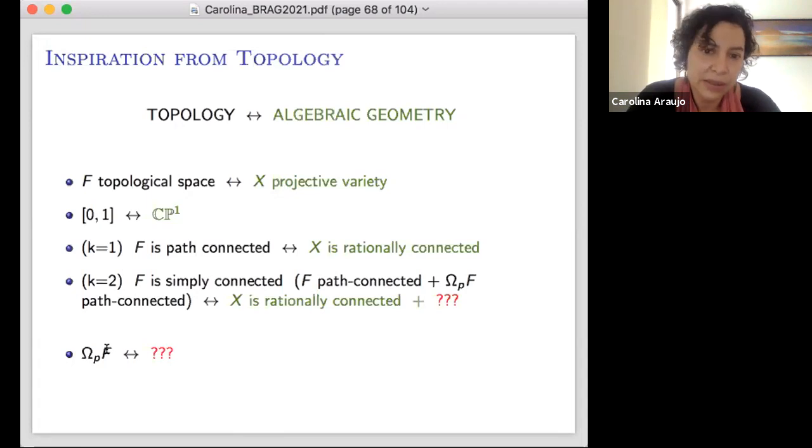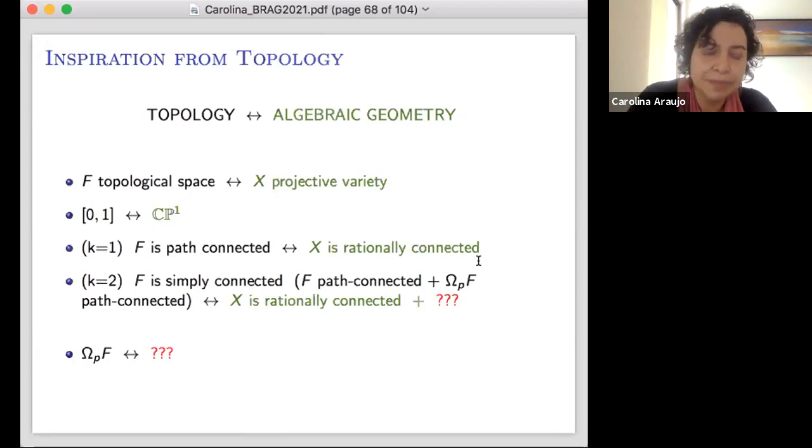This is a well understood and well studied scheme. However, in general, it has infinitely many irreducible components. So it's not going to be of finite type, and so it's not a projective variety. And in general, it will not be rationally connected, in particular because it has several irreducible components.